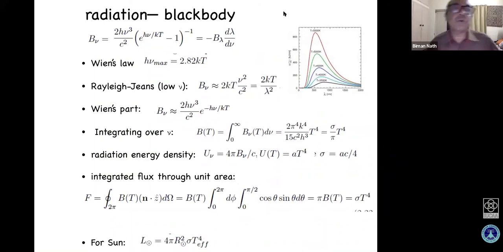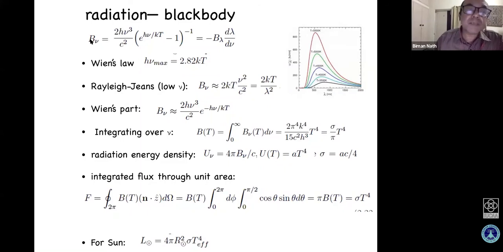Now, we have already set the language in terms of, we have talked about what specific intensity is. So when we say the black body radiation curve, this is the specific intensity, and I'm going to write B whenever we have black body in mind.